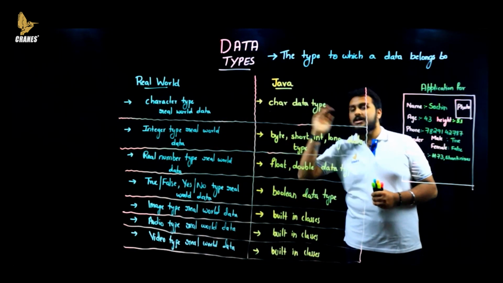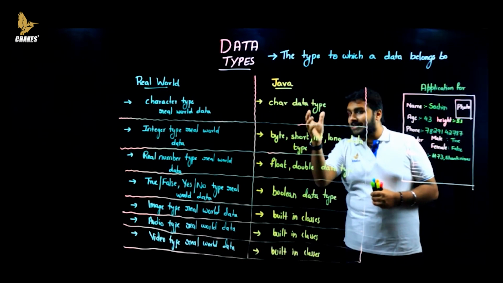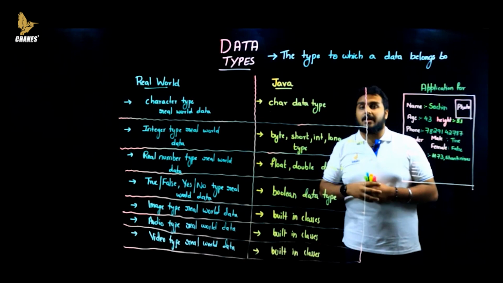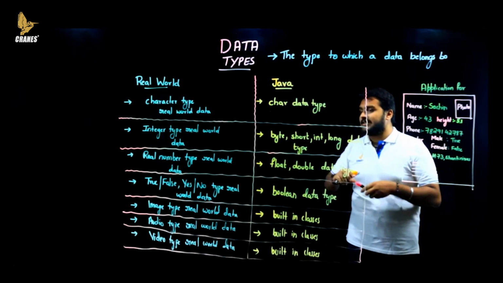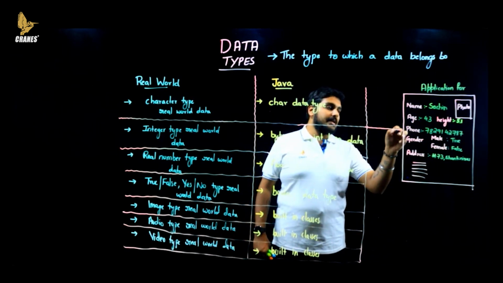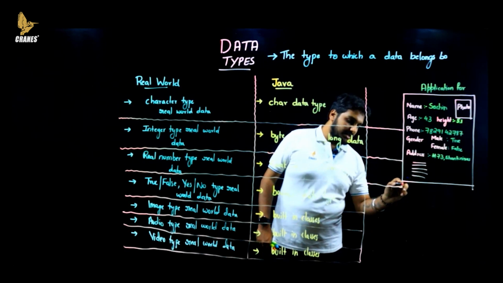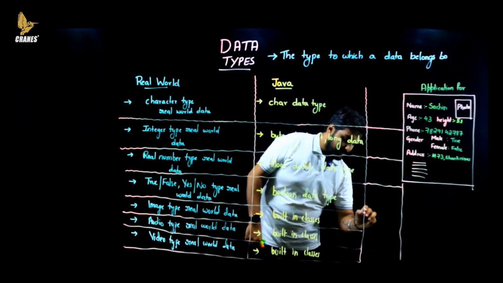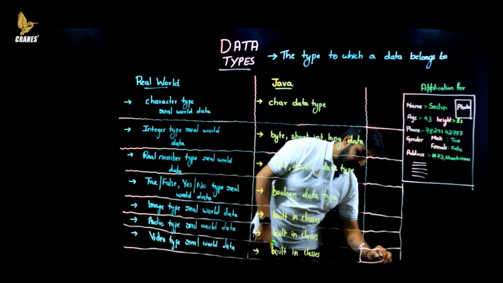But if it is getting represented in Java, there should be a format in which we have to represent it. What is the format based on which it is getting represented? If you ask me, the format in which it is getting represented. There is a format in which we are going to represent these data.